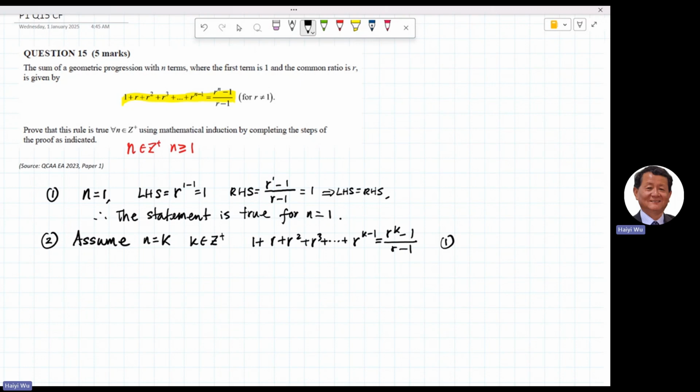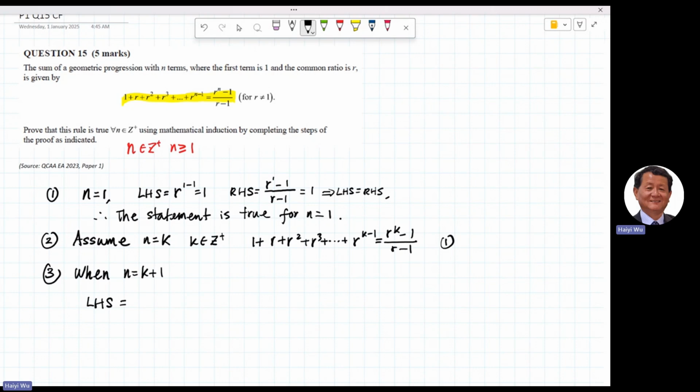Then step 3, the next step, is called the inductive step. When n equals k plus 1, we also need to prove the left equals the right.